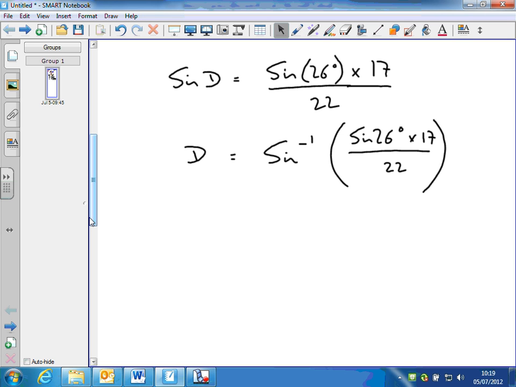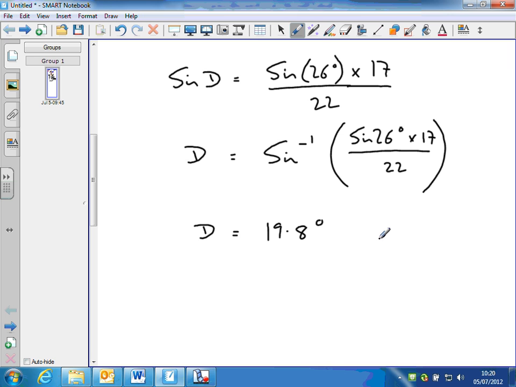So to do this, I would use the inverse sine button on the calculator, and then I'd hit the fraction button on the calculator. So I can put sine 26 times 17 on the top and 22 underneath, not forgetting to close the bracket after the 26, and also making sure the calculator is in degrees. And then I should get the answer, which turns out to be 19.8 degrees.